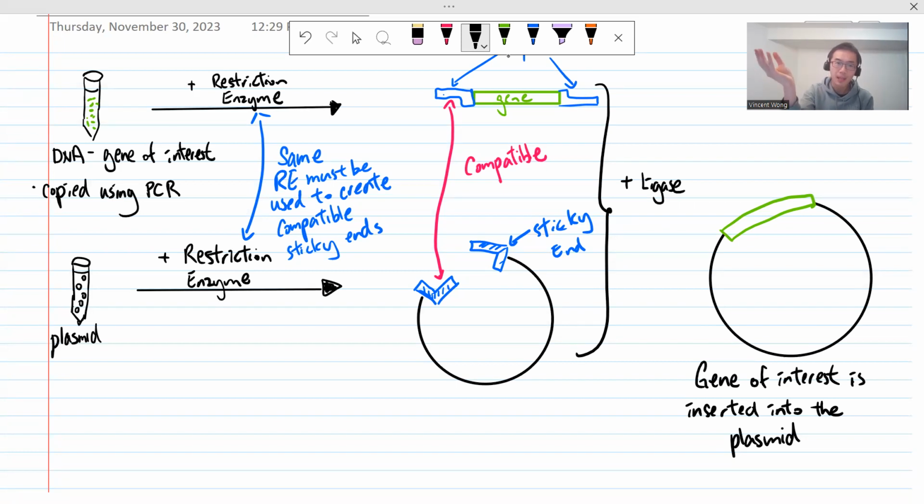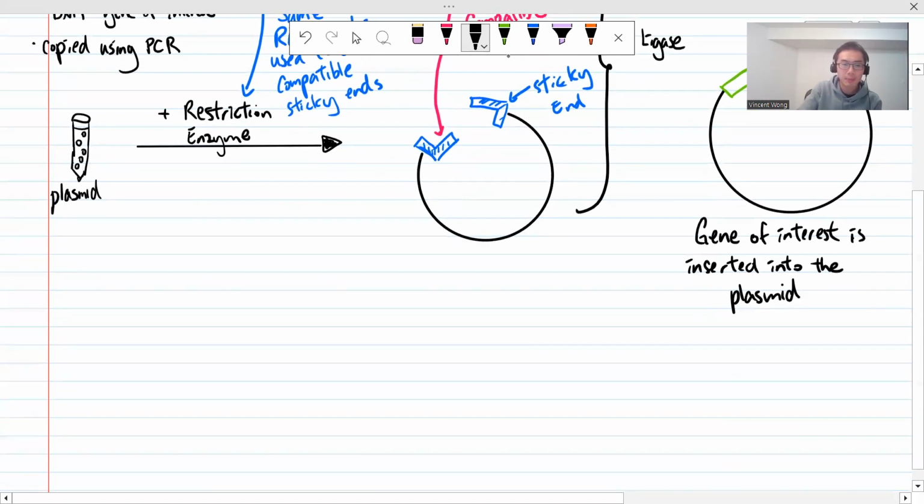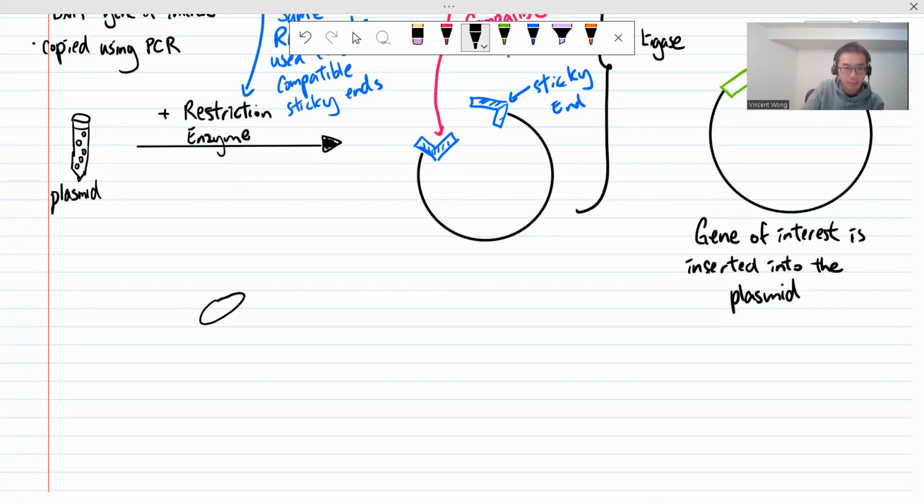Then we're going to feed the plasmid to bacteria. Okay, you're going to have another tube of bacteria, and you're going to mix the plasmid with them. And then you can create certain conditions to encourage them to take up the plasmid. Right? But in the end, here is a bunch of the bacteria.